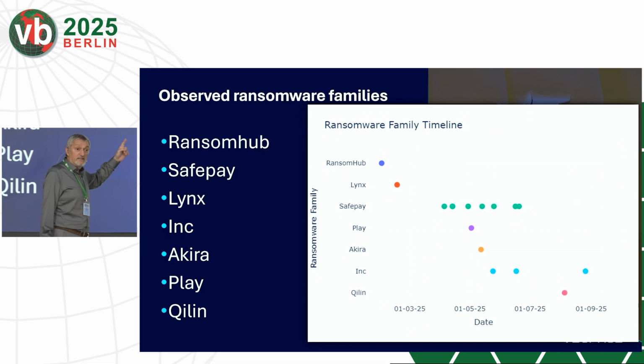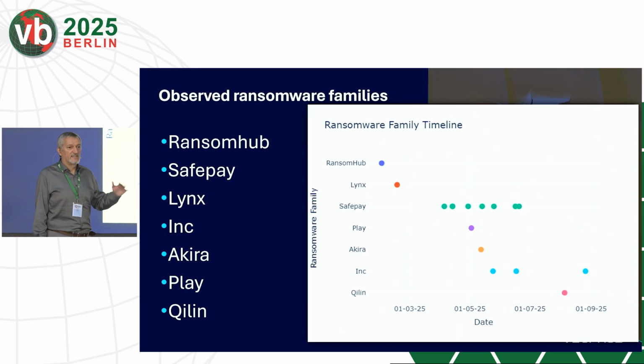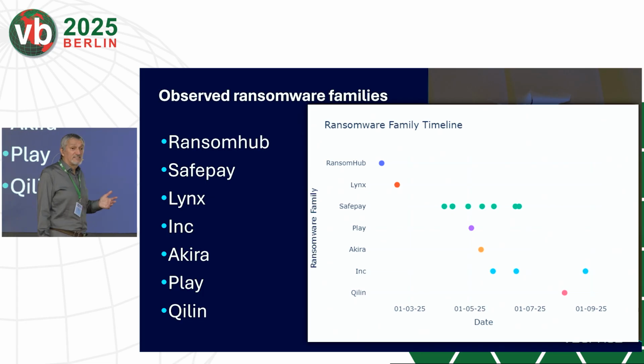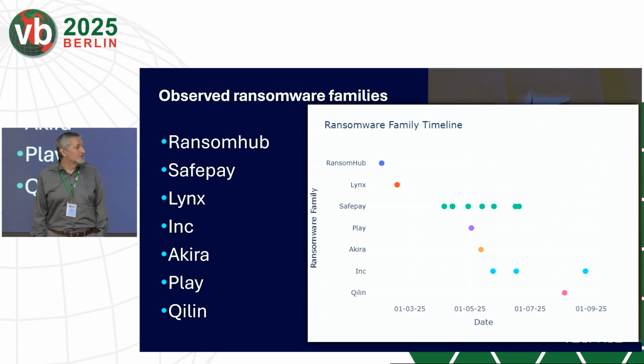So if we are seeing overlaps in the usage, that suggests either personal overlap between these groups or a very strong, friendly connection between them. And it just underlines what was reported by other external publications, the connection between SafePay, Play, Akira, and Inc. ransomware groups. And then again, Killing is just in the middle of the activities without any good explanation.